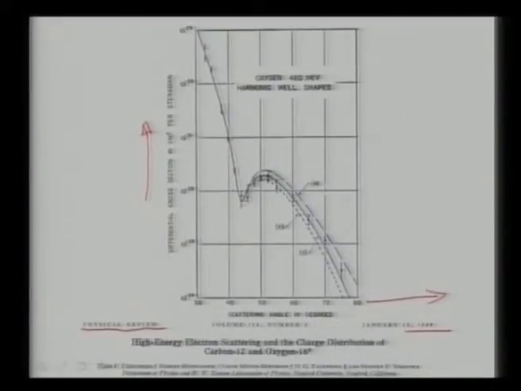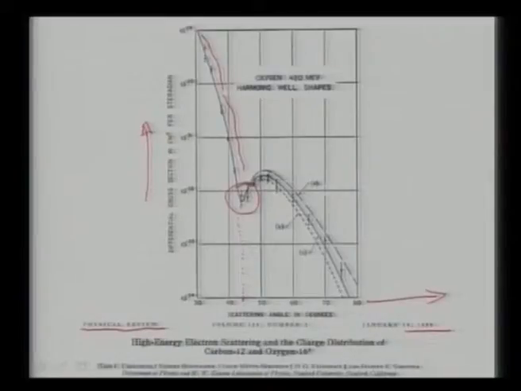What you can see is that as this angle increases, it comes down. That means most of the electrons are going straight, and fewer electrons are scattered at larger angles. But then here you have a minimum, somewhere around 43 or 44 degrees.